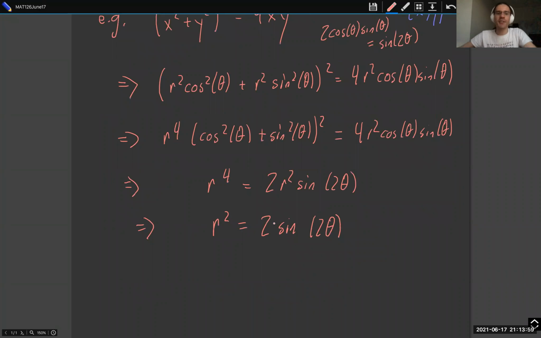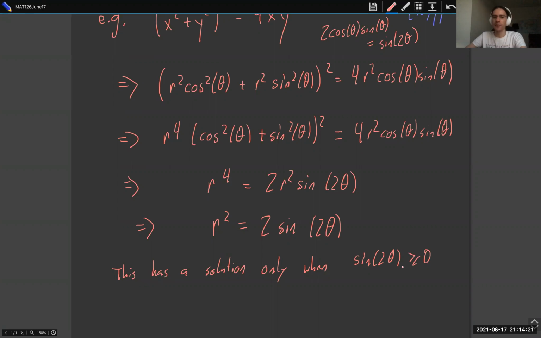So we can solve for this. This has a solution only when sine of 2 theta is greater than or equal to 0, right? Because if sine of 2 theta is negative, then it can't equal a square.